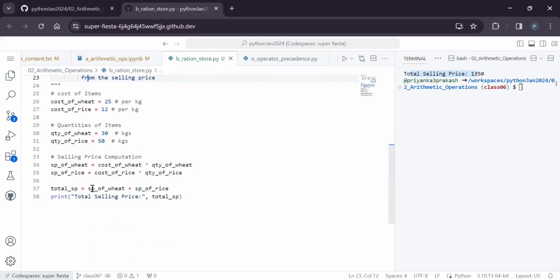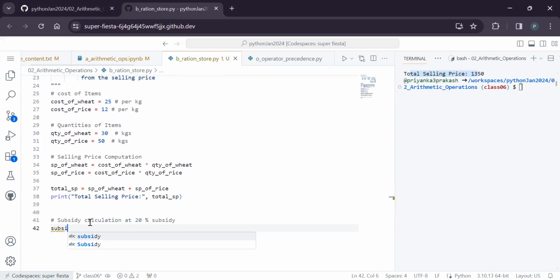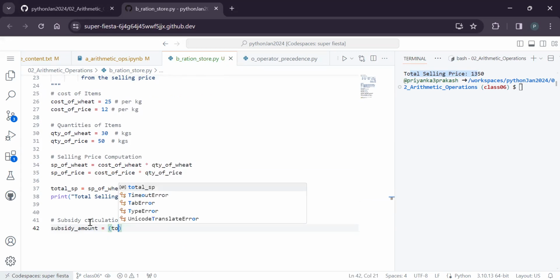So if I do the same thing now, how will I do it? Subsidy amount. At 20% of subsidy, I need to calculate, because that's what is given to us at the top. So the subsidy amount is equal to, the subsidy will be calculated with respect to the total value. So total price into what is the subsidy?